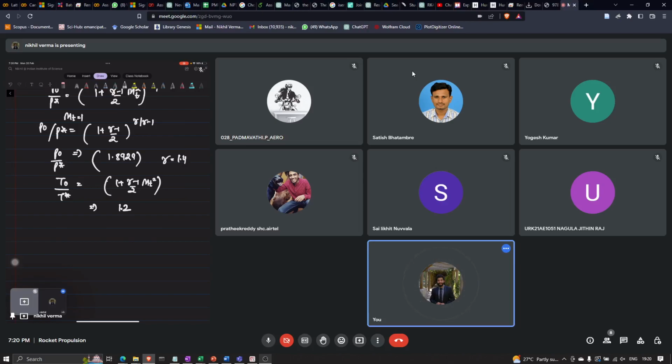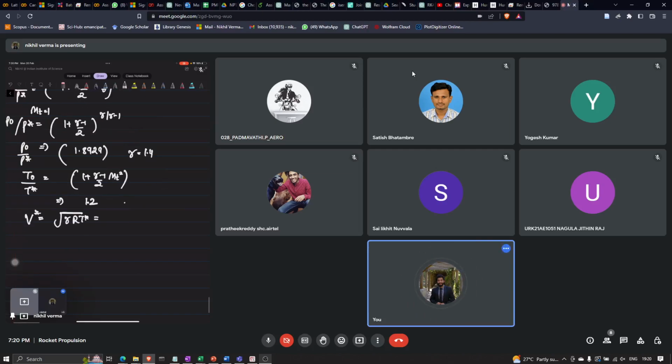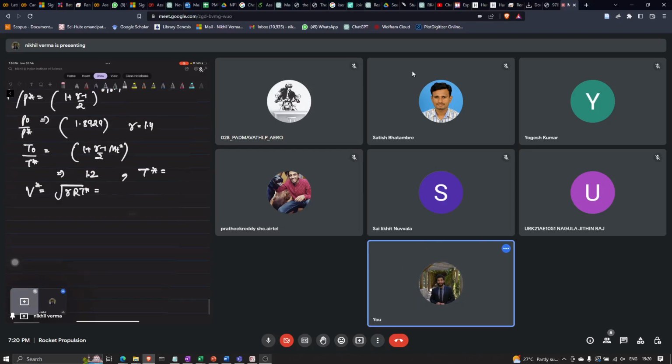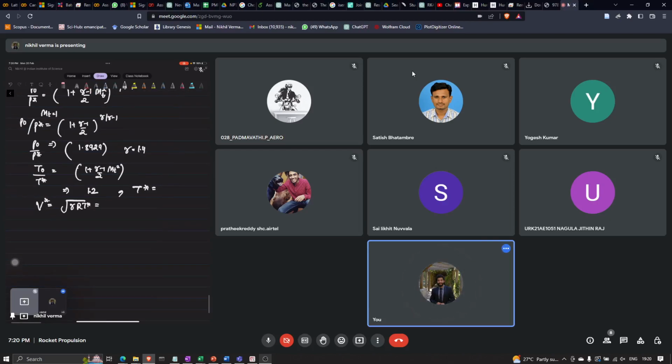Okay, so similarly, velocity will be equal to the square root of gamma R T star. Now, since you know T naught, you'll get T star as... okay, one minute. Let us keep it in this way only.